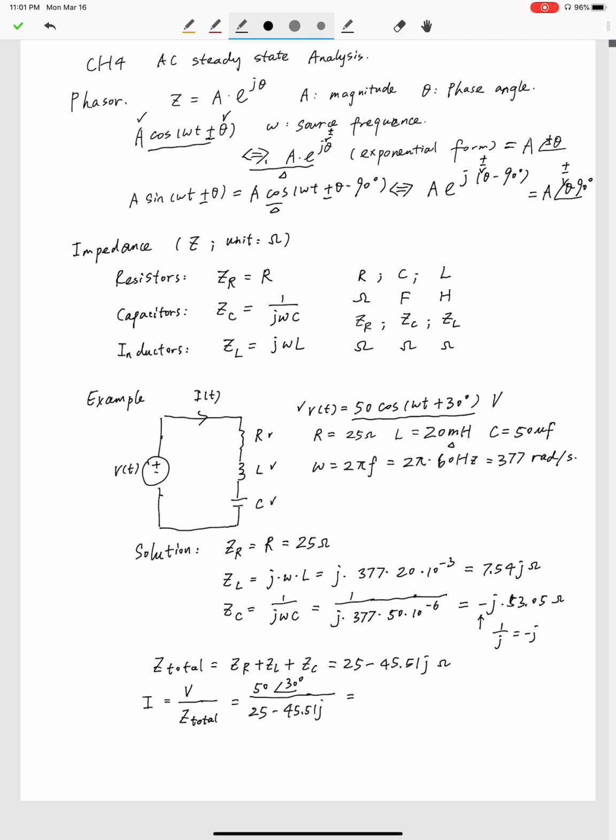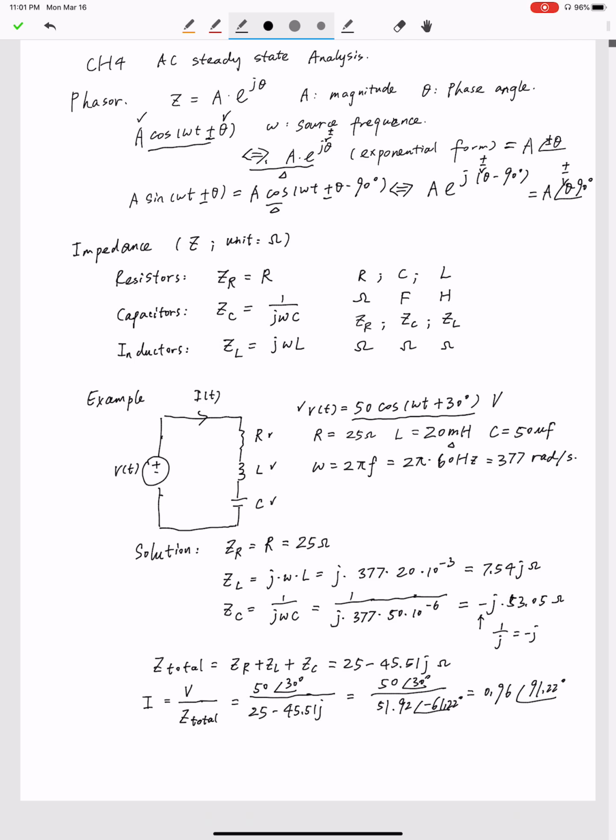I do the second way. I convert the bottom form to the polar form, and that would be 51.92, and the phase angle is minus 61.22 degrees. The current would be 0.96, and the phase angle is 91.22 degrees.